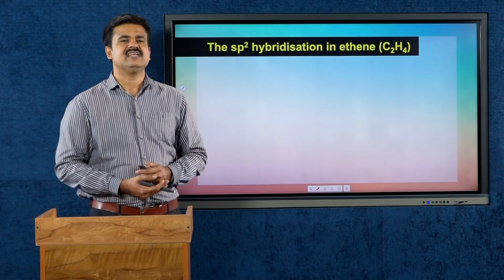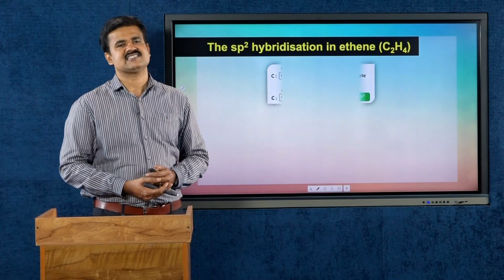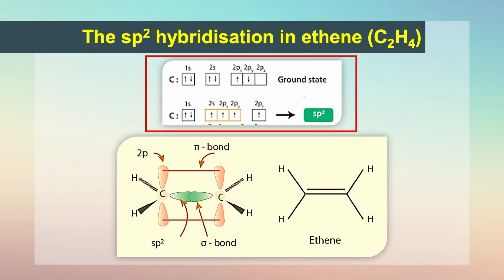Now we can illustrate sp2 hybridization in ethene as a reference example. So this is the carbon atom in the ground state arrangement. During the formation of the C2H4 molecule, an electronic excitation occurs, and this leads to 4 half-filled orbitals: a half-filled s orbital and 3 half-filled p orbitals.